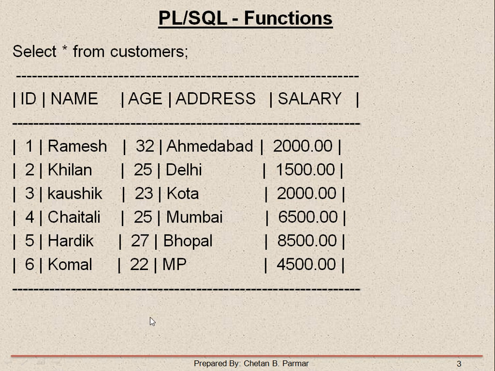Now we are giving an example and explaining how functions work and how you can create a function in a PLSQL block. Here I am giving one customer table. It contains ID, name, age, address, and salary of the customer. I have 6 rows, which means 6 records with different age, address, and salary.